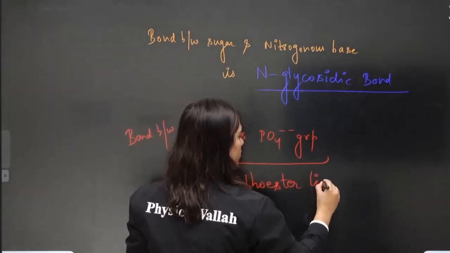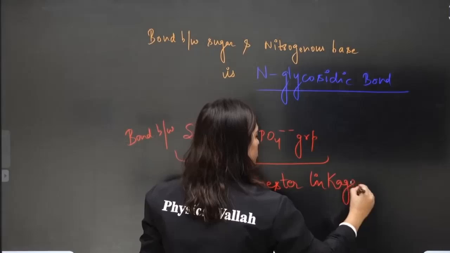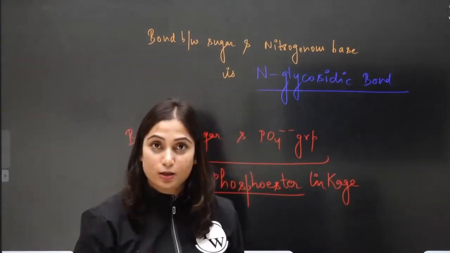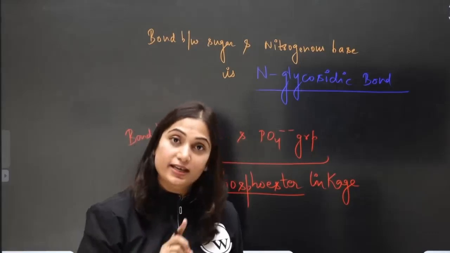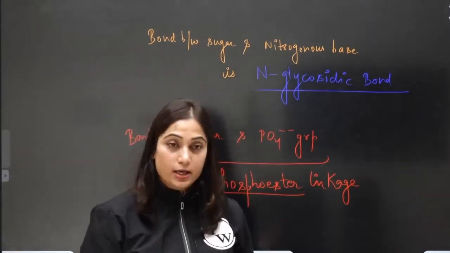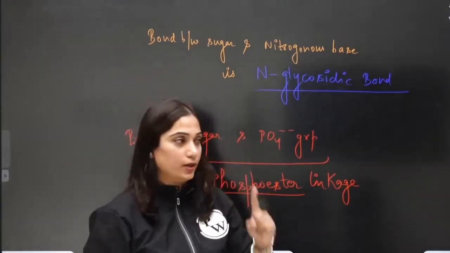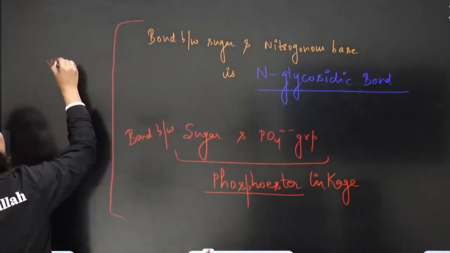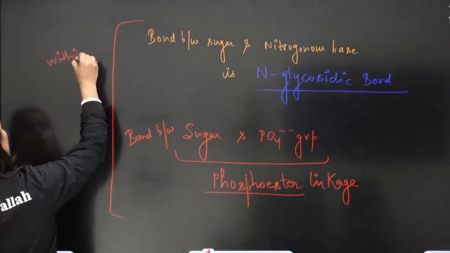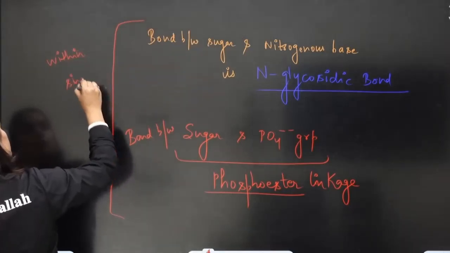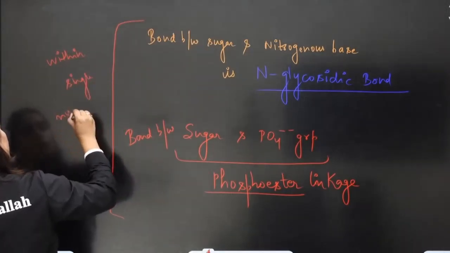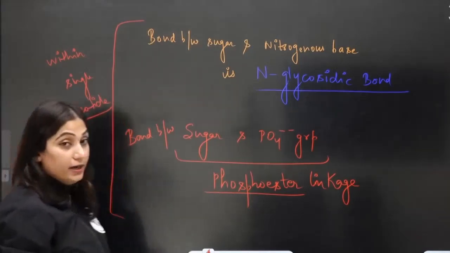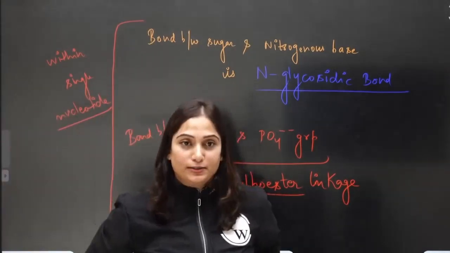Phosphoester linkage. It's phosphoester, not phosphodiester. Okay, so within one single nucleotide we have two types of bond, that is N-glycosidic bond and phosphoester bond.